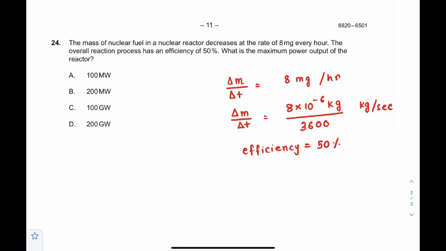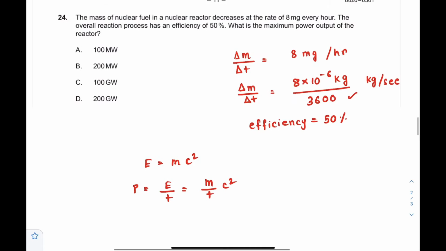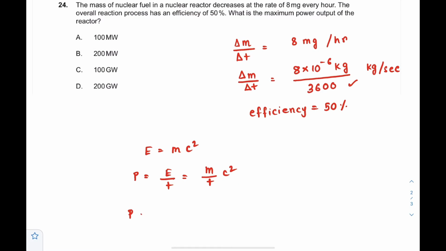We know that E is equal to mc² from Einstein's equation, right? So what is power? Power is energy by time. So this is equal to mass by time times c². This is the change in mass with respect to time given in the question. So the power generated would be equal to 8 × 10^-6 divided by 3600, times c². What is c?